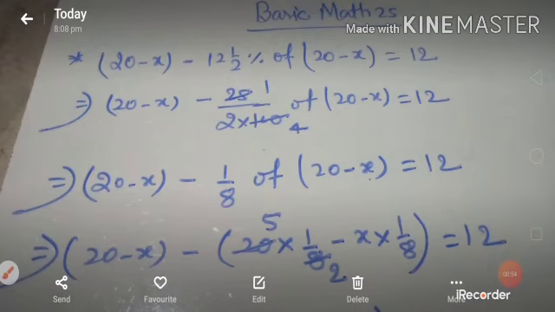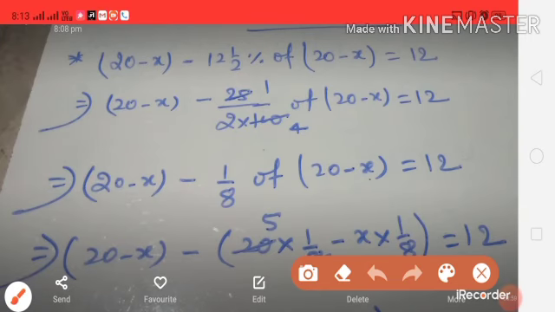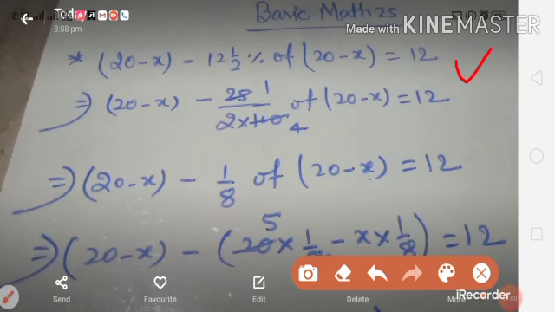In this question, also you have to find the value of x. Here in the question you see 20 minus x minus 12.5% of (20 minus x) is equal to 12.